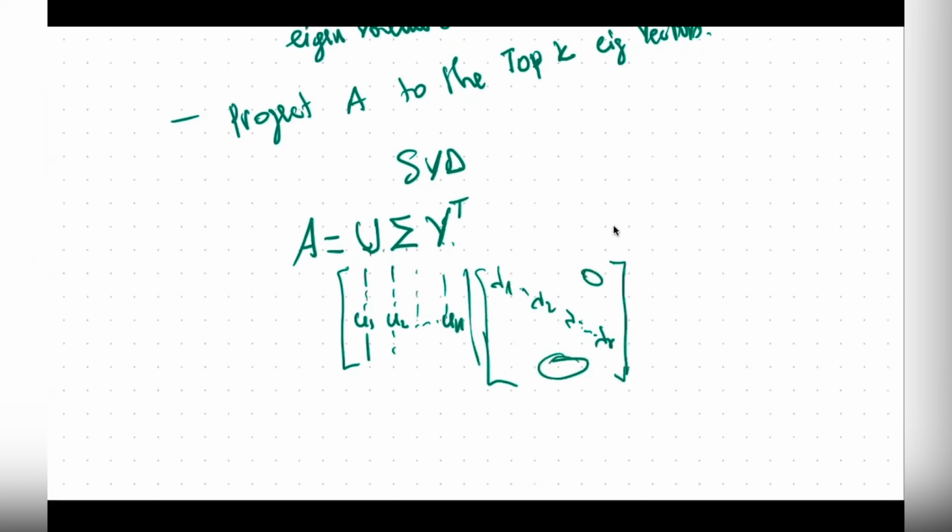Because L is the rank of the matrix A. And then you have the transpose of V: V1 transpose, V2 transpose, until Vn transpose. Also, this matrix is a rectangular matrix, okay? So U and V are square matrices, okay?